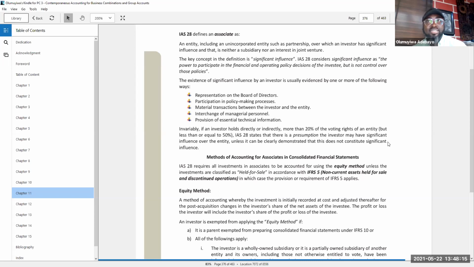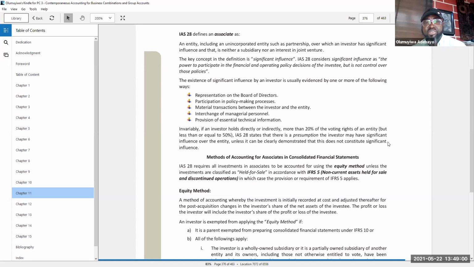One of which is that no matter the stake you have, how low it might be, below 20%, once you have at least one member on the board as a result of your stake in that entity, it will be deemed that since you have some level of involvement in the decision making, no matter how little it is, in such an investee entity, such is enough to give you significant influence.